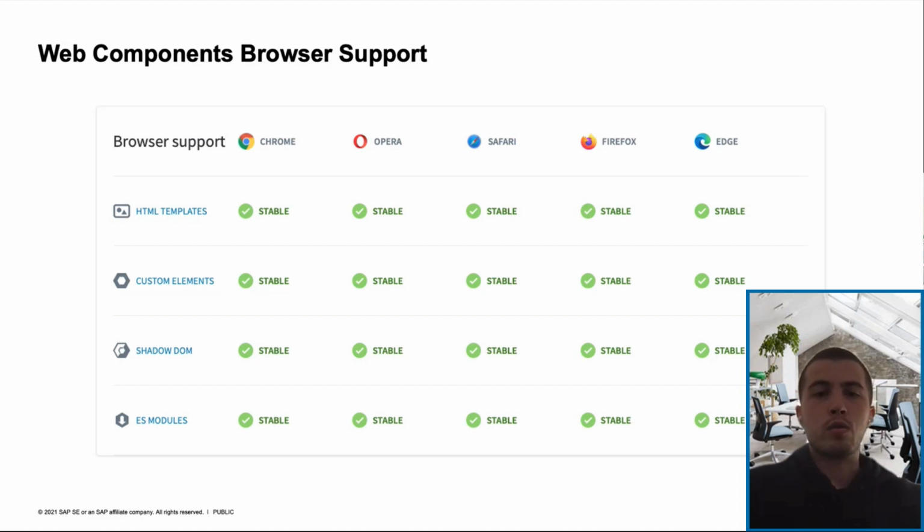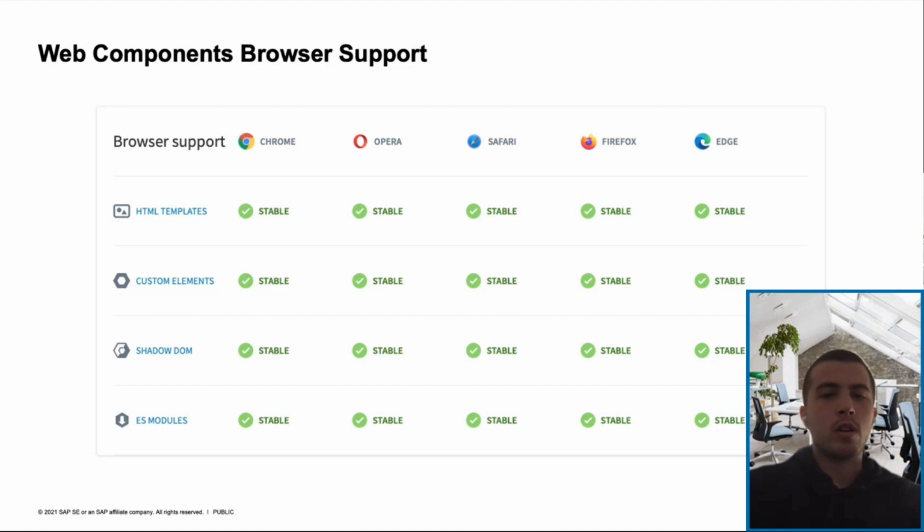Here, I want to stress that the Edge that we can see on the right represents the Chromium-based Edge and not the Edge that was developed previously by Microsoft. This table gives you the freedom to use web components in basically every kind of application, even if it is some enterprise application that needs to support various browsers and not just the latest Chrome, for example.